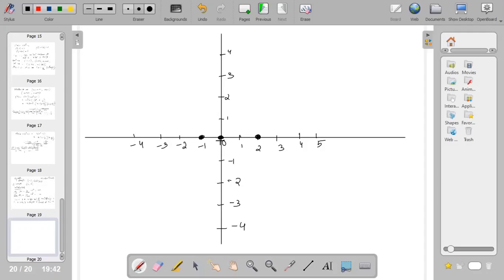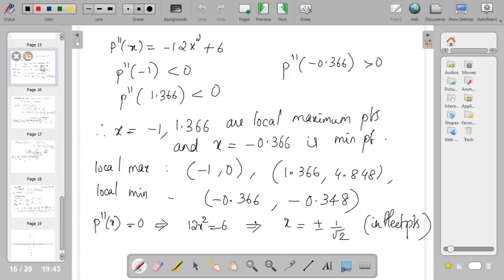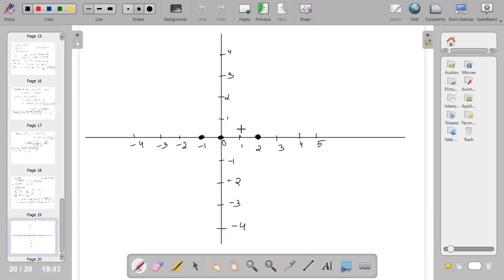Now let us mark the maximum and minimum points. Local maxima -1, 0 we have already marked. Then 1.366 and 4.8.